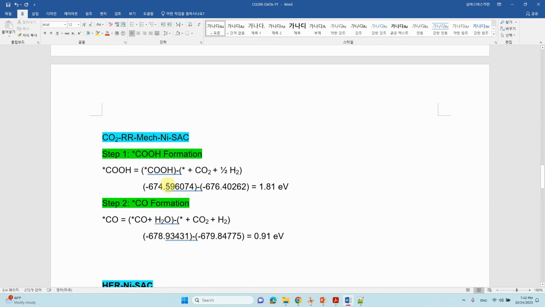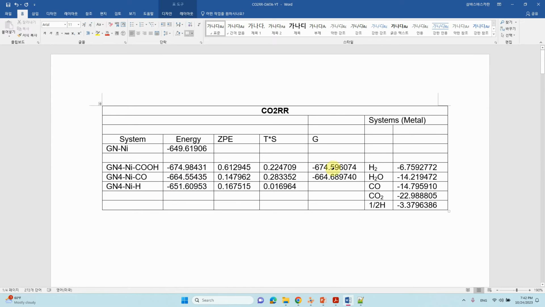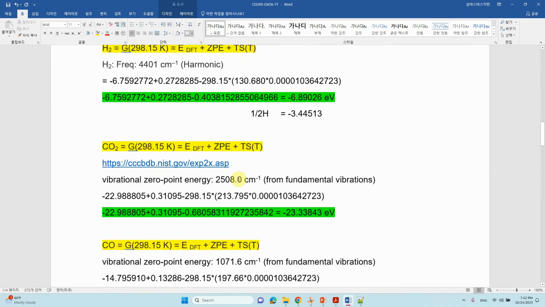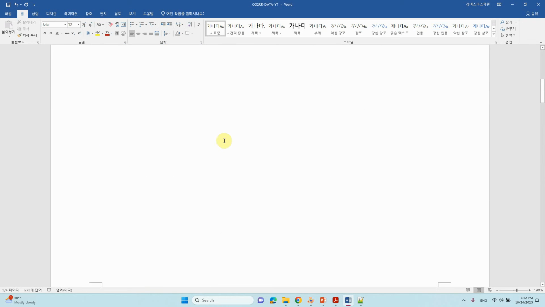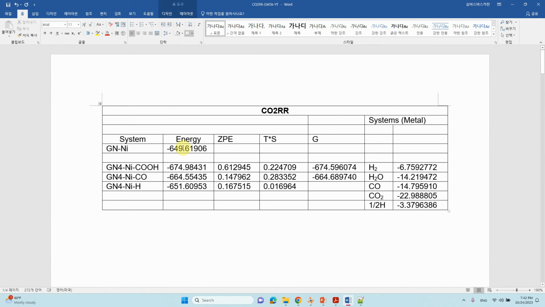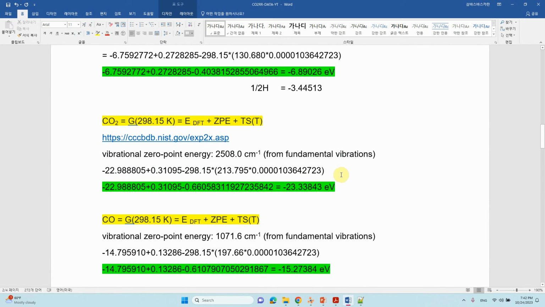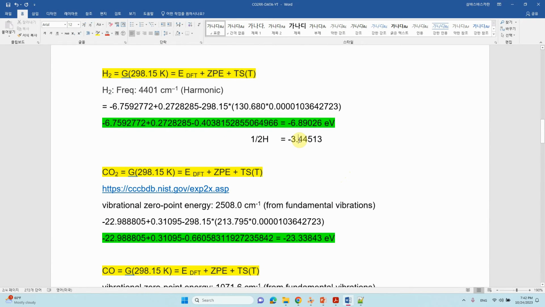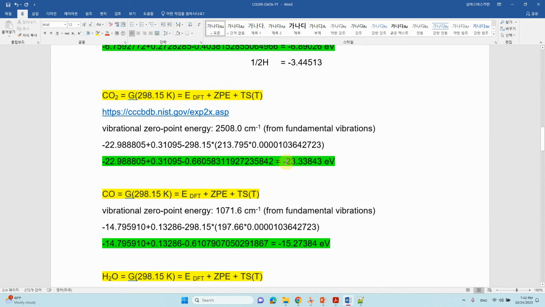I will show you this energy, 674. This is actually this energy. Now we have to see it in the table. This is the COH energy. Here you can see 674.596074, so I also mentioned this energy. Then you add these three energies. You take the catalyst energy, then the H energy, then the CO2 G value.